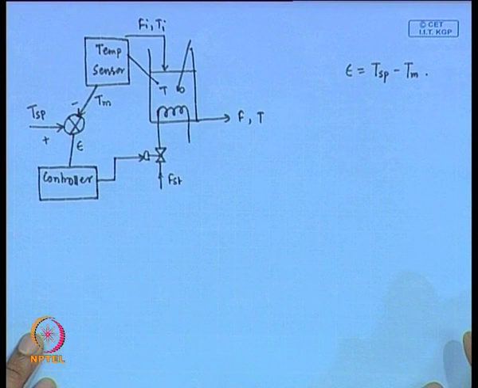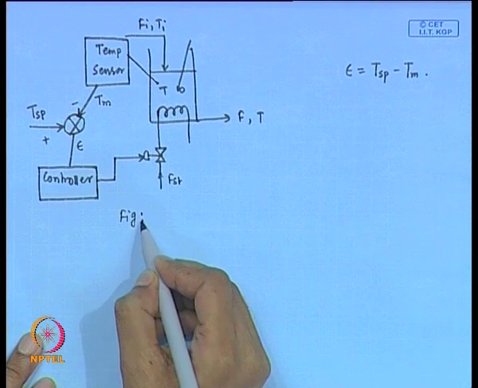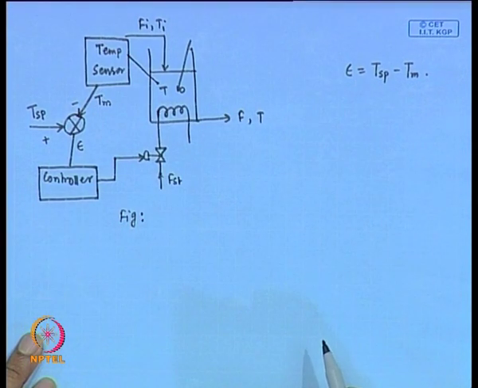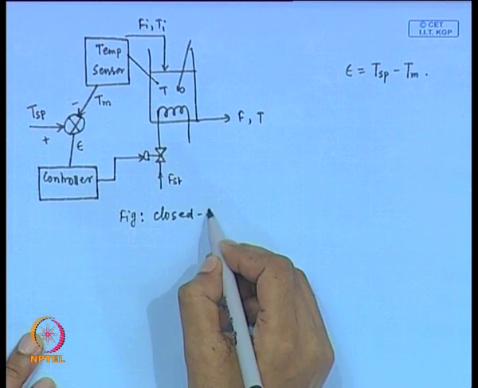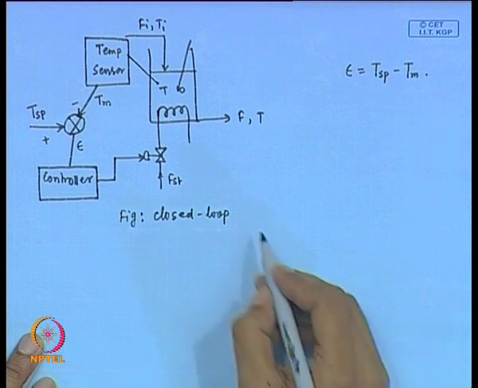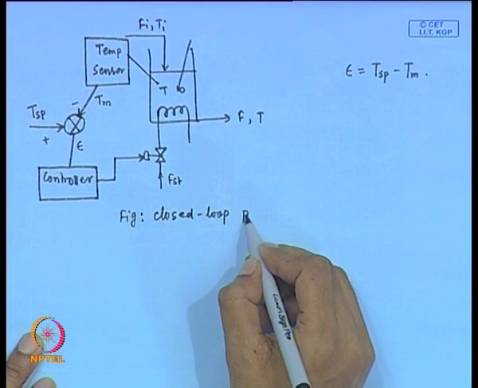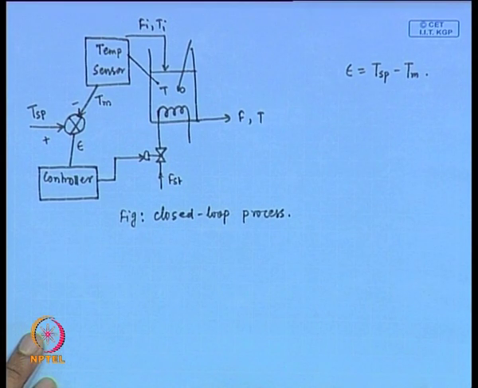This is the configuration of the controller employed around this heating tank system, and this is the schematic of the closed loop heating tank system or closed loop process.